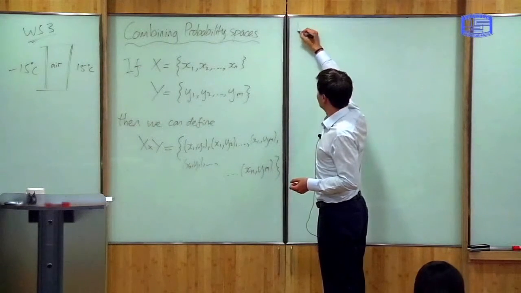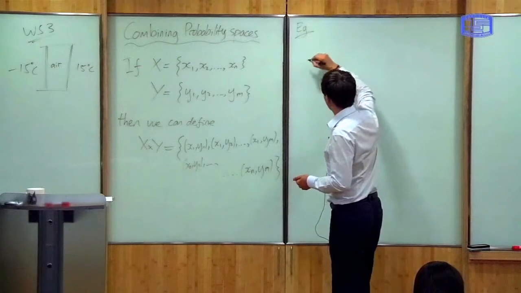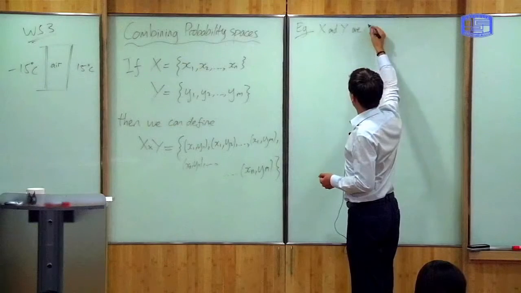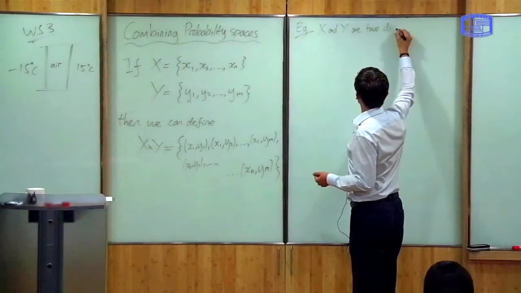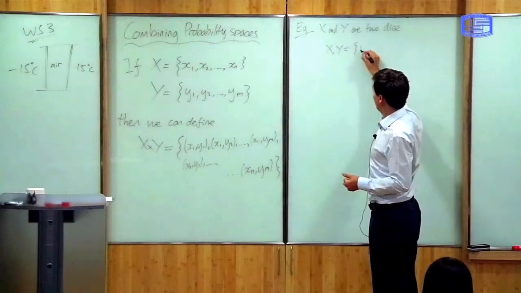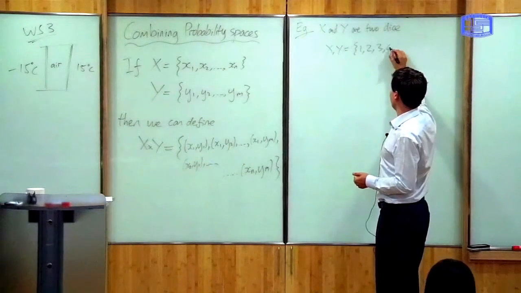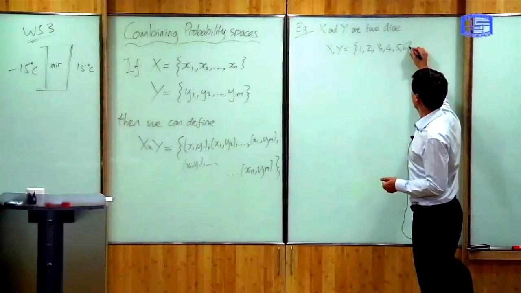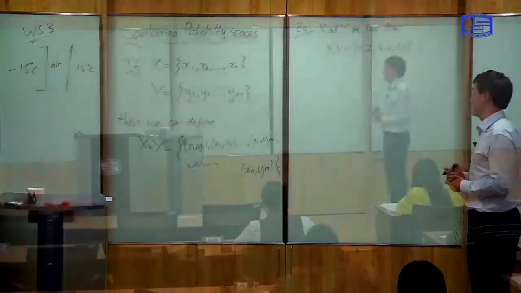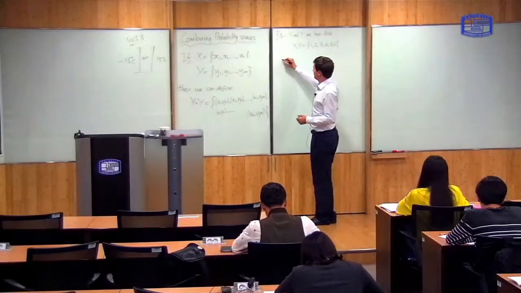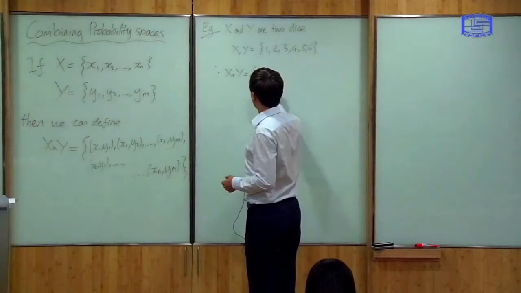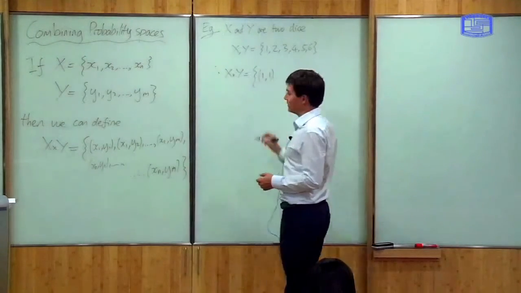Okay. So I'm going to develop this using an example. I'm going to suppose X and Y are two dice, which I'm rolling. So both X and Y are equal to the set of values the dice takes, between 1 and 6. Each dice takes a value between 1 and 6. And therefore, when I take the cross product, the first dice can be 1 and the second dice can be 1.